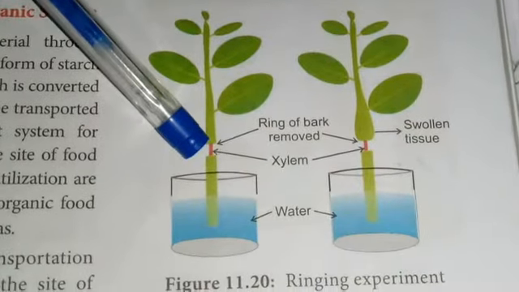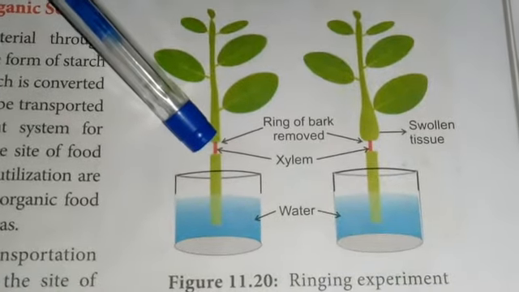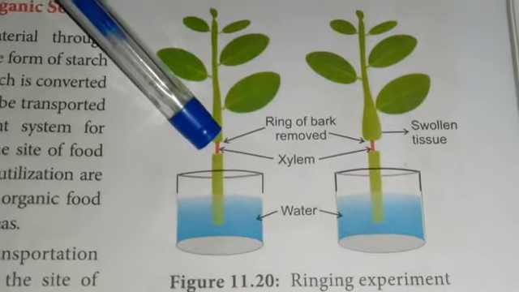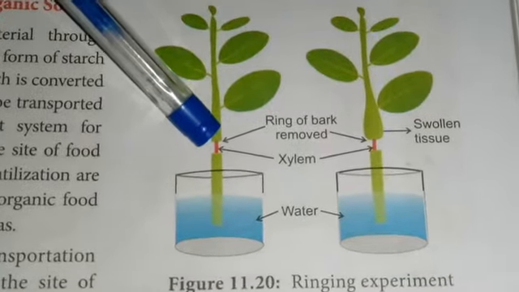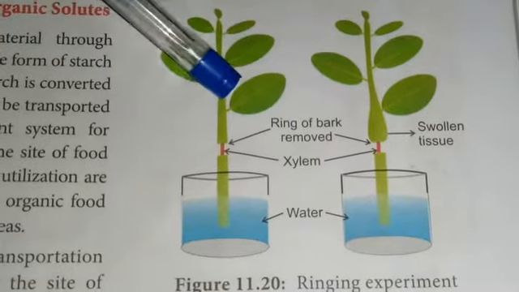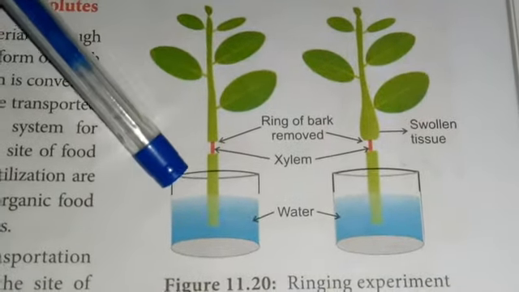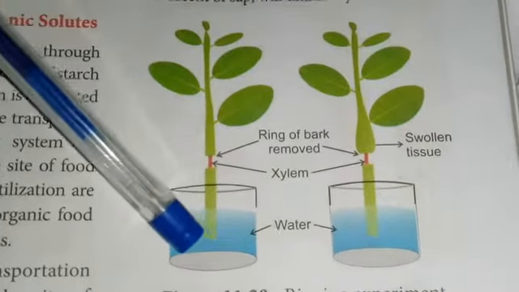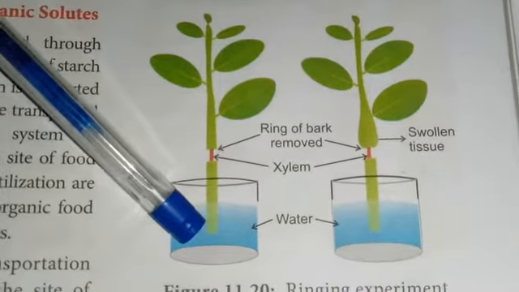Only the xylem is present. The xylem is the only remaining tissue in the girdled area, which connects the upper and lower parts of the plant. This setup is placed in a beaker containing water.